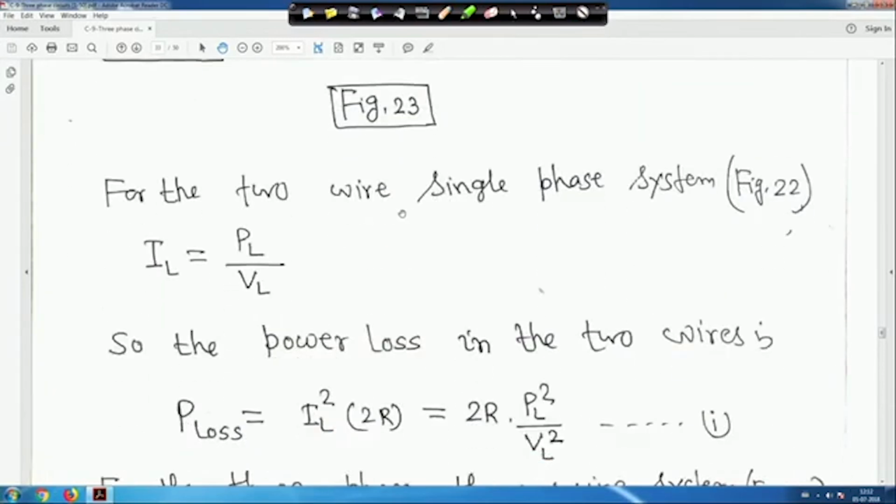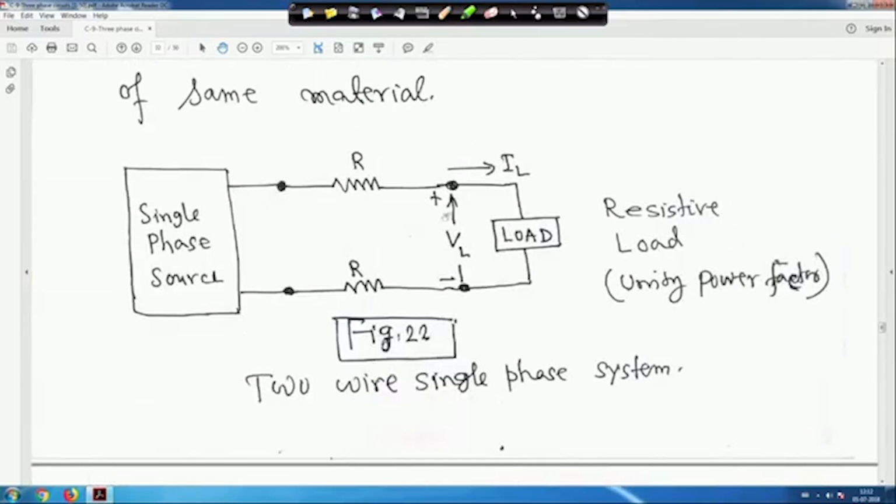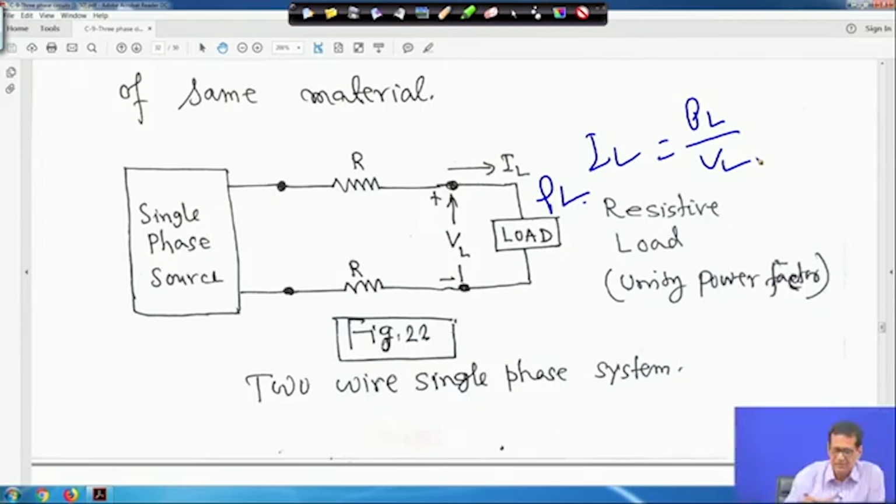Now for the 2-wire single phase system, from this figure IL is equal to PL upon VL. It is a resistive load, so if the power is PL, then IL is simply PL upon VL.